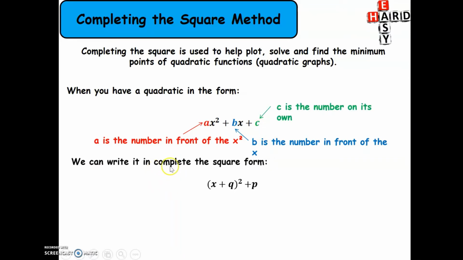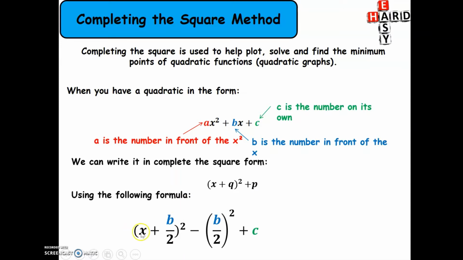We can write it in completed square form, like this: x plus q, where q is a number, a constant, everything squared, plus p, using the following formula: x plus b over 2.